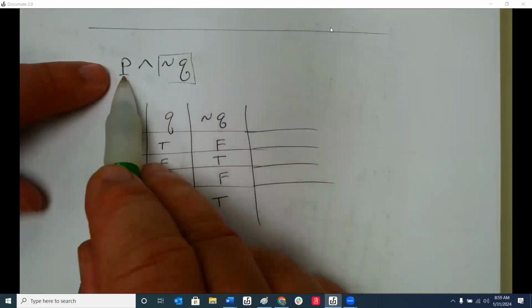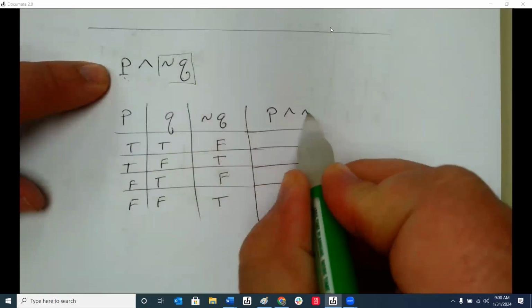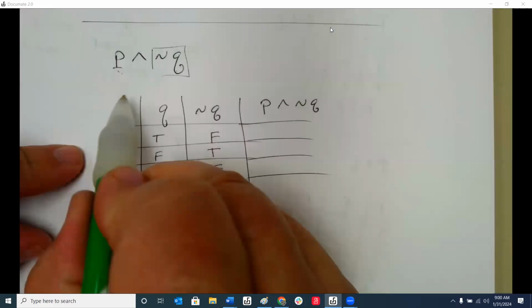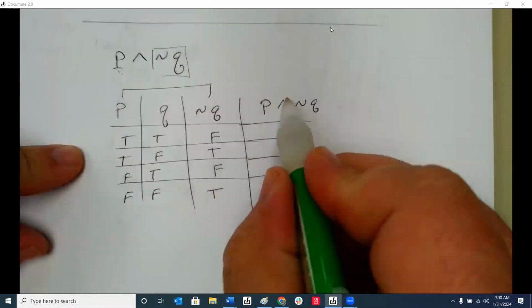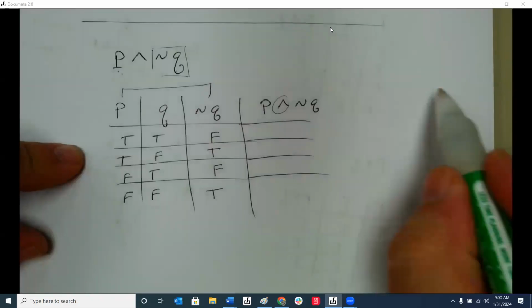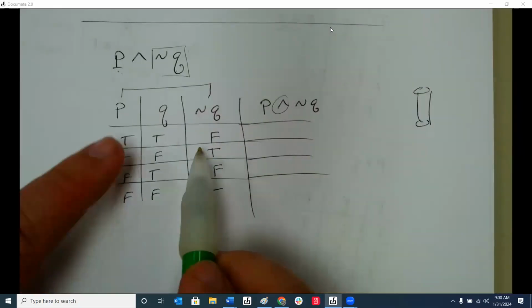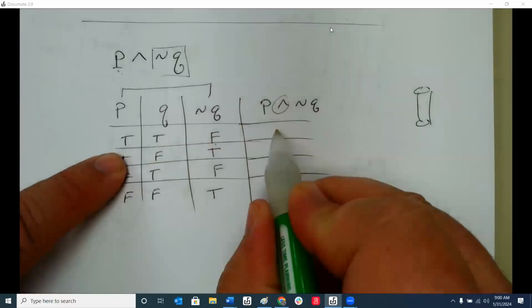So I have the P, I have the not Q, I can now put them together. So I look at this and this column. It's an and statement. The and statement was that single pipe. True and false, or in other words, open and closed.